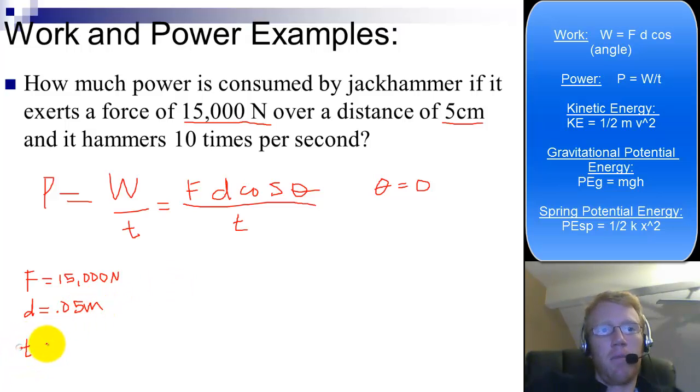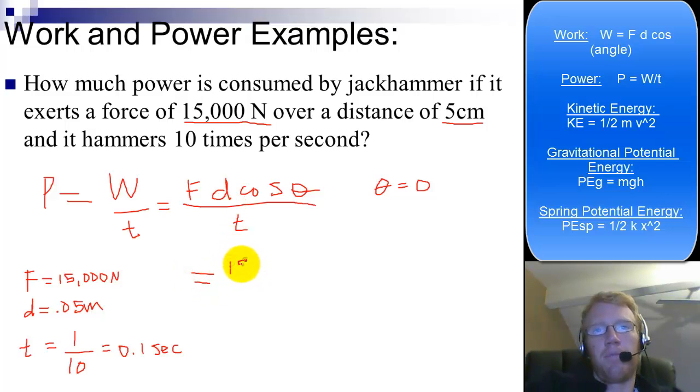And lastly, the time. If they tell us it happens 10 times per second, then how long is it going to last for one cycle of the jackhammer? It's only going to be 1/10 of a second, which is 0.1 seconds. Okay, so converting from the information that's given into the variables that we need before we plug in.